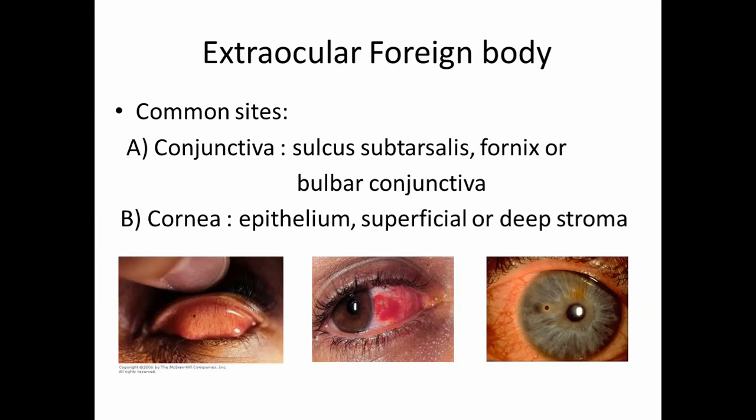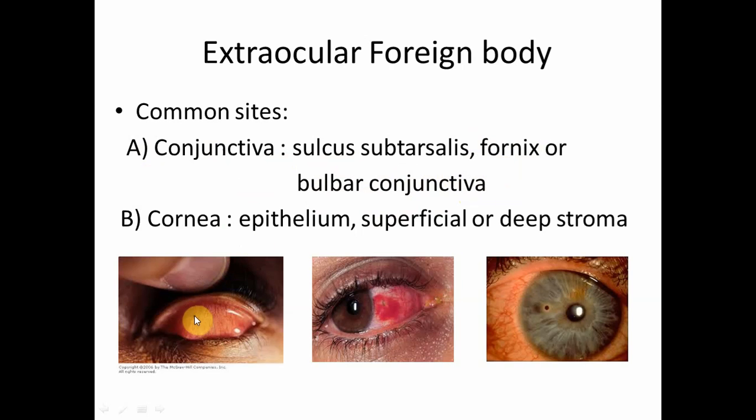What are the common sites for these extraocular foreign bodies? They can be commonly seen around the sulcus subtarsalis. They can be seen in the conjunctival fornix, or they can also be seen on the bulbar conjunctiva. These are the sites on the conjunctiva. The fornix is basically a junction between your palpebral and your bulbar conjunctiva.